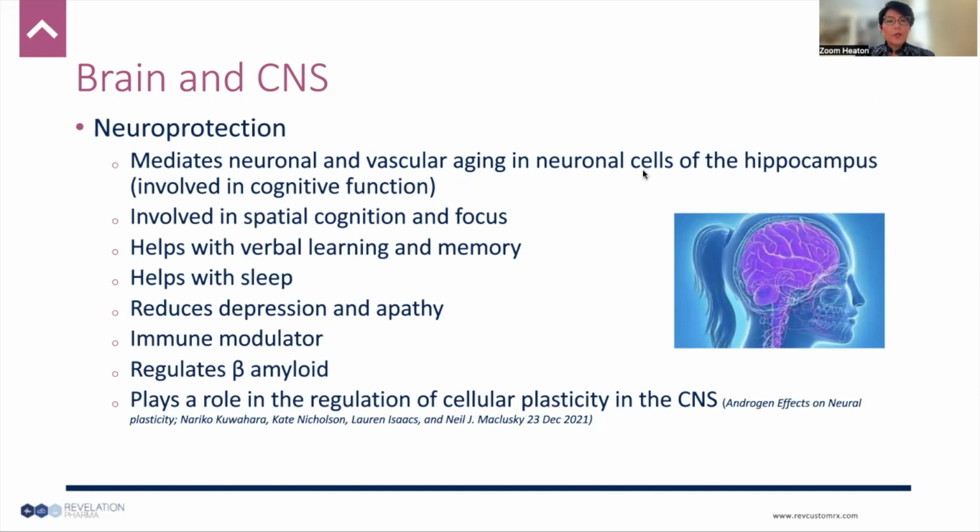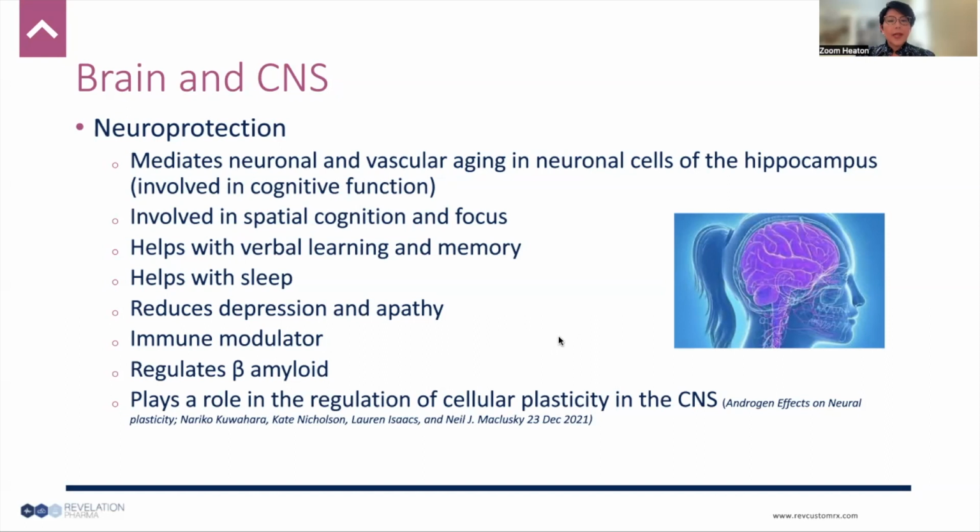It's also involved in spatial cognition, and that's basically going into a room and knowing where you are and how you got there, and focus. It helps with verbal learning and memory. It helps with sleep. It reduces depression and apathy. It's an immune modulator, so it regulates the immune system so it doesn't get out of hand.